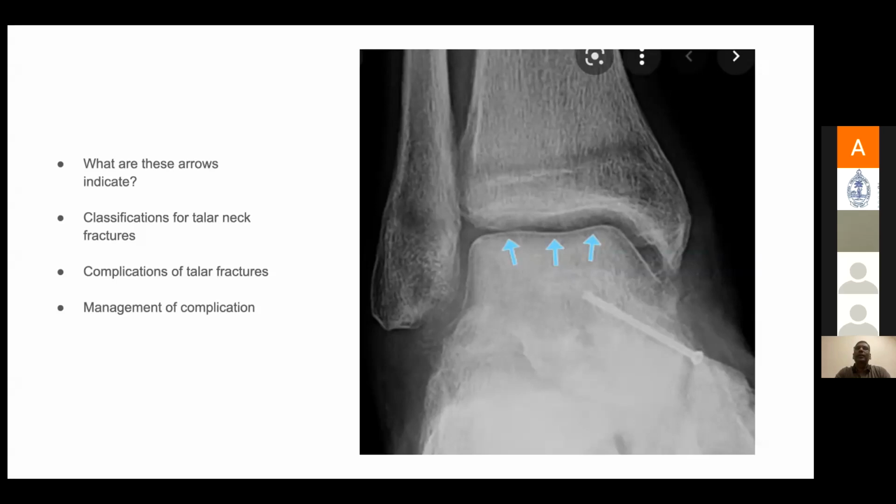Four types. Who classified these talar neck fractures? Hawkins. Good. The initial Hawkins classification had only 3 types, and it was modified by Canale and Kelly with the modified Hawkins-Canale classification. You got 4.